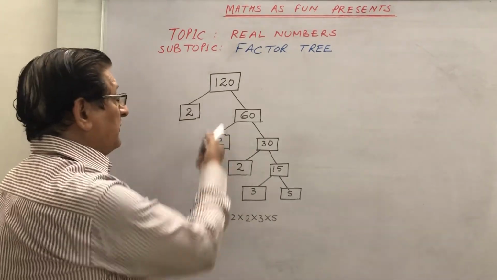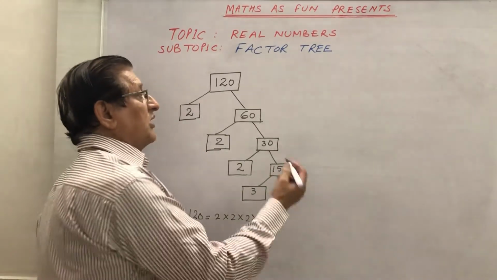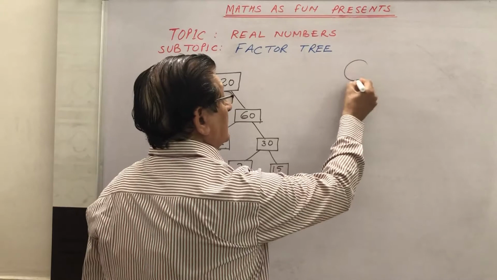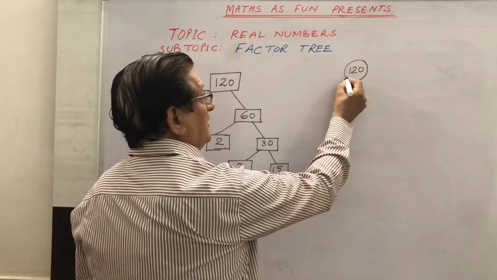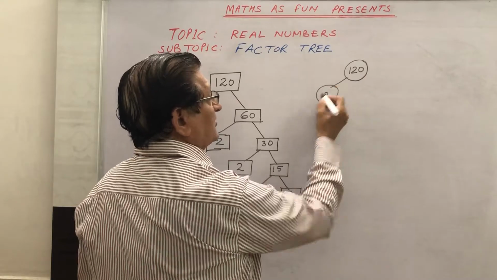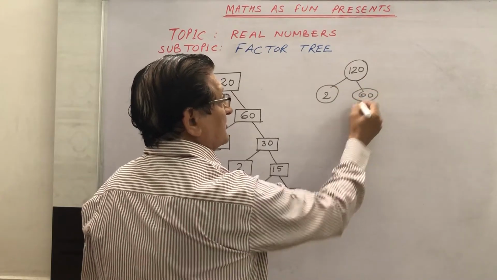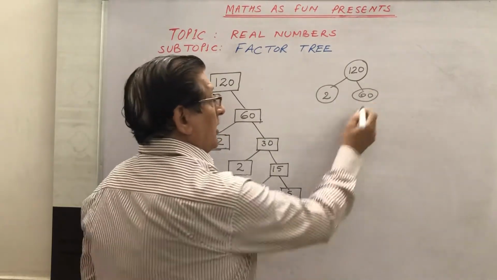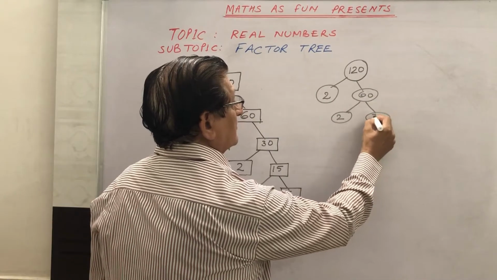Now, some people ask, can we put it only in rectangular form? No. Sometimes in some books you will also find circles used for this. We can put this 120 into a circle. Then we take 2 in another circle, and when we divide by 2, this comes as 60. Again we take the next factor 2, and we get 30.